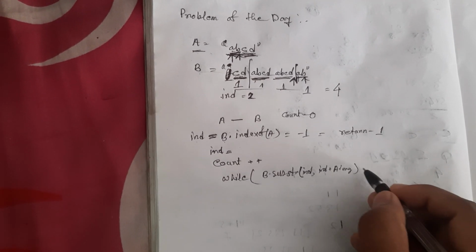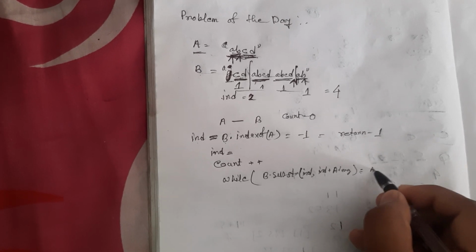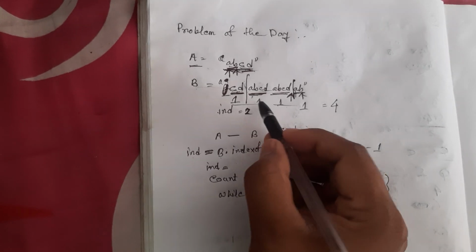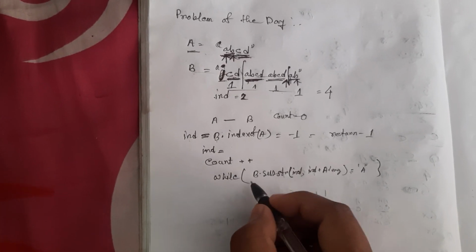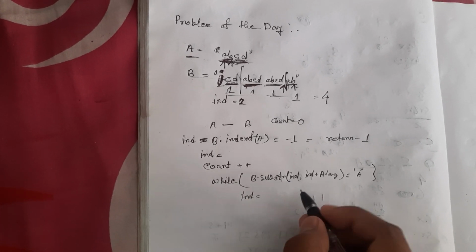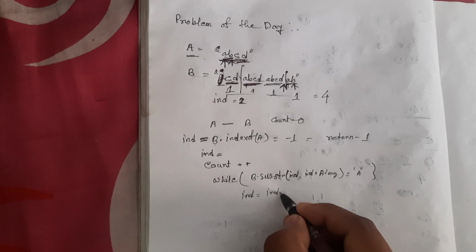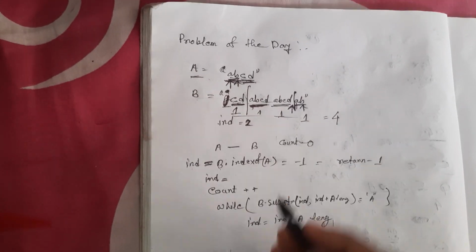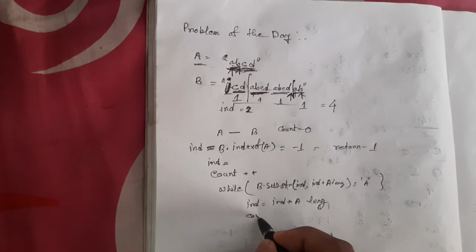If this is equal to a, then we can see that we are getting one string abcd. So we just increase the index to index plus a dot length, and we increase the count also here.